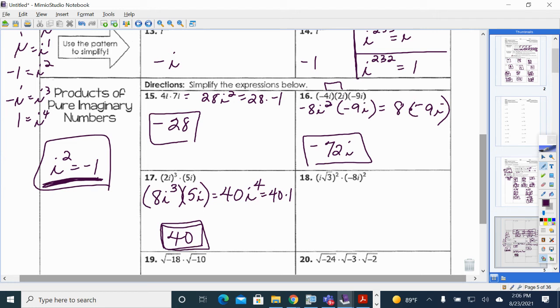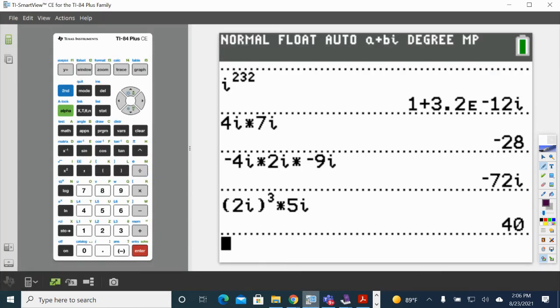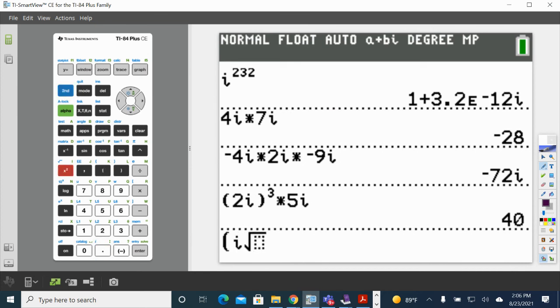On number 18, the only reason why we can do this one in the calculator is because this square is going to undo the square root. Otherwise, we're going to have to look at doing this by hand. I've got in the calculator for number 18, open up a parentheses, i times the square root of 3.